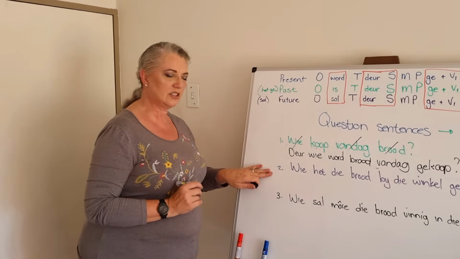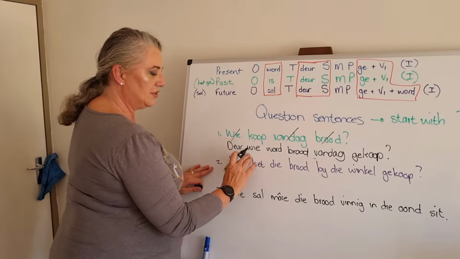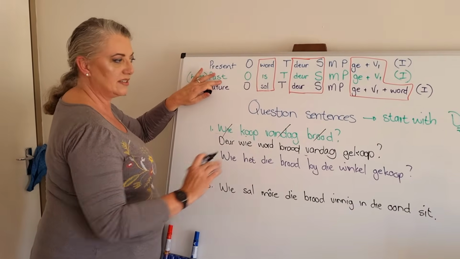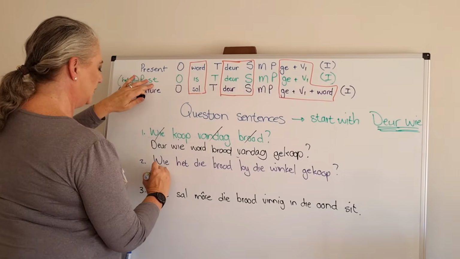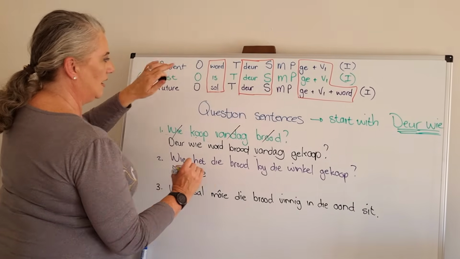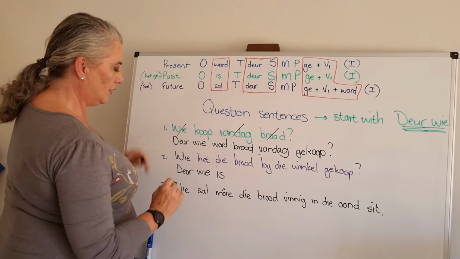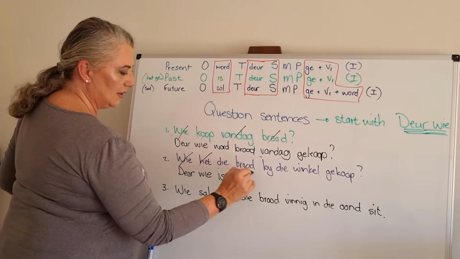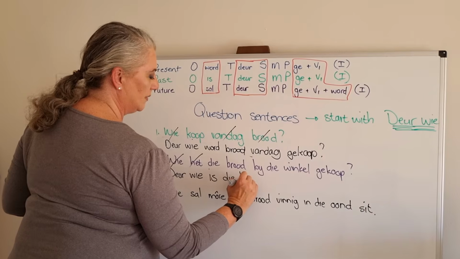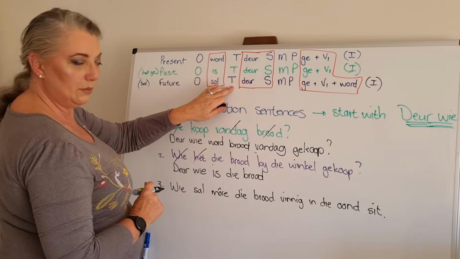Let's have a look at the next one. Wie het die brood by die winkel gekoop? Can you see het and ge, so we know this is past tense. We start with deur wie. We have to add the object, die brood. Is there time?